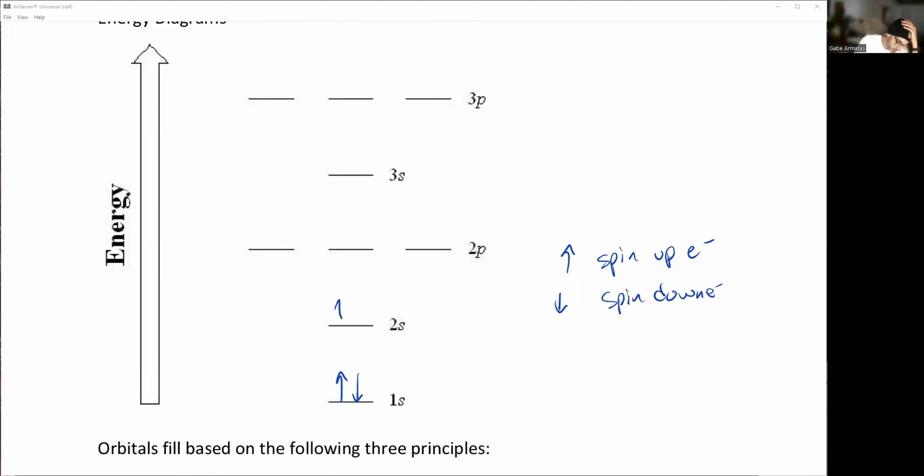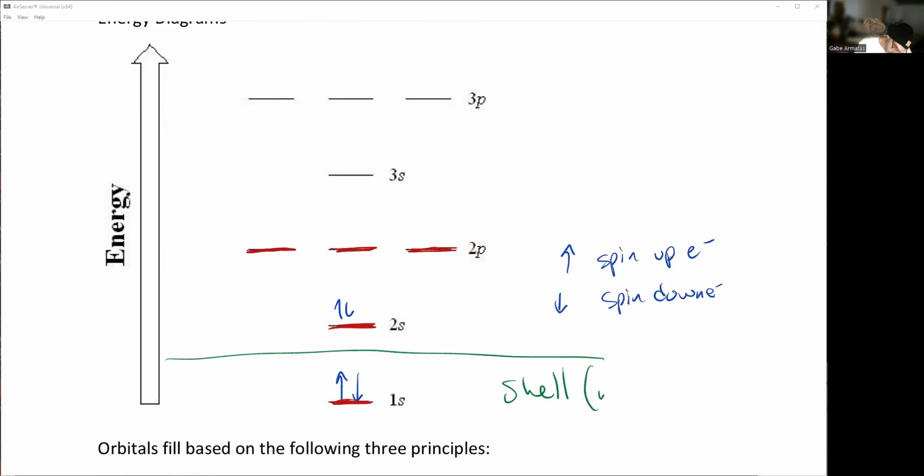Each of these orbitals can hold 2 electrons each, 1 spin up, 1 spin down. So let me back up just a second. This right here is going to be your shell. Shell is equal to n equals 1.